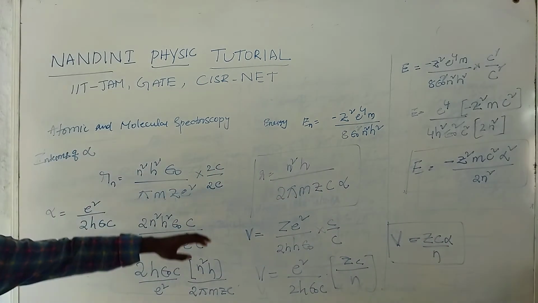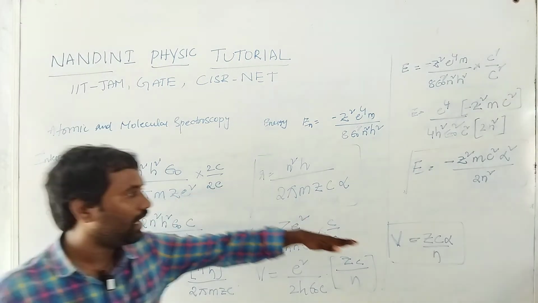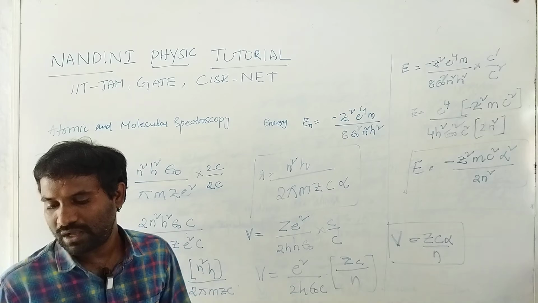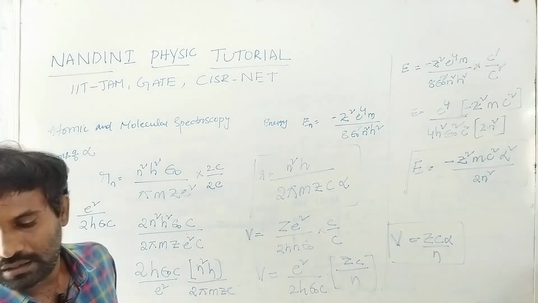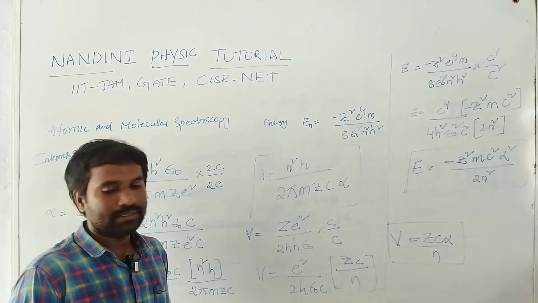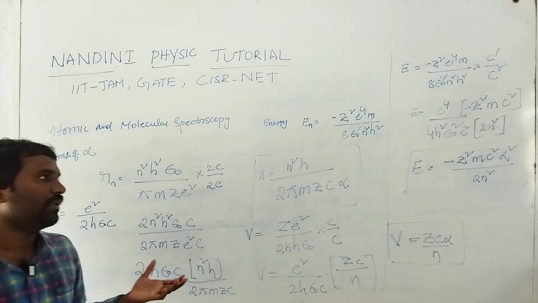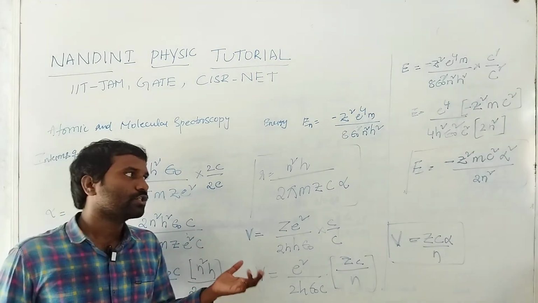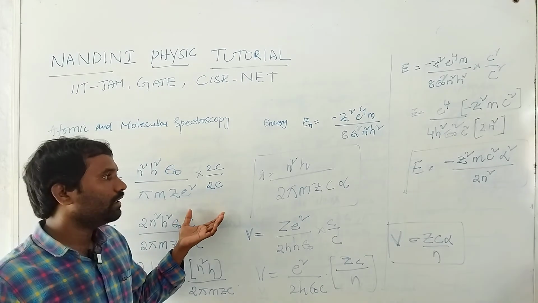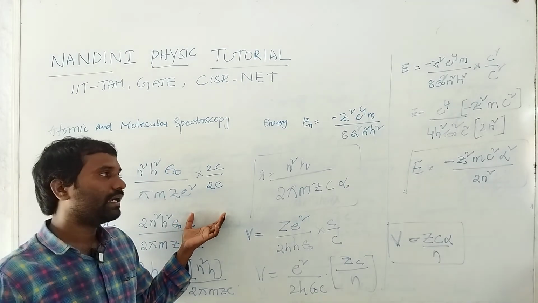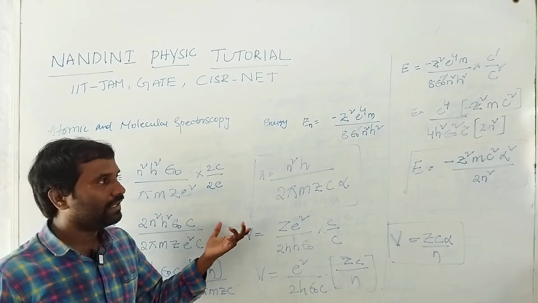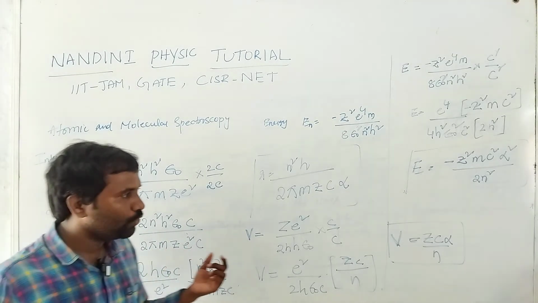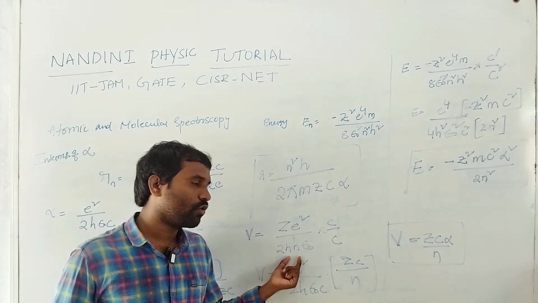Okay, so these are the radius in terms of alpha, velocity in terms of alpha, and energy in terms of alpha. So this is our concept. So Bohr explained these concepts by using the hydrogen atom and hydrogen-like atoms. So finally he derived the radius of the atom, velocity of the atom and energy of the atom, and finally he introduced a new concept like the fine structure constant.